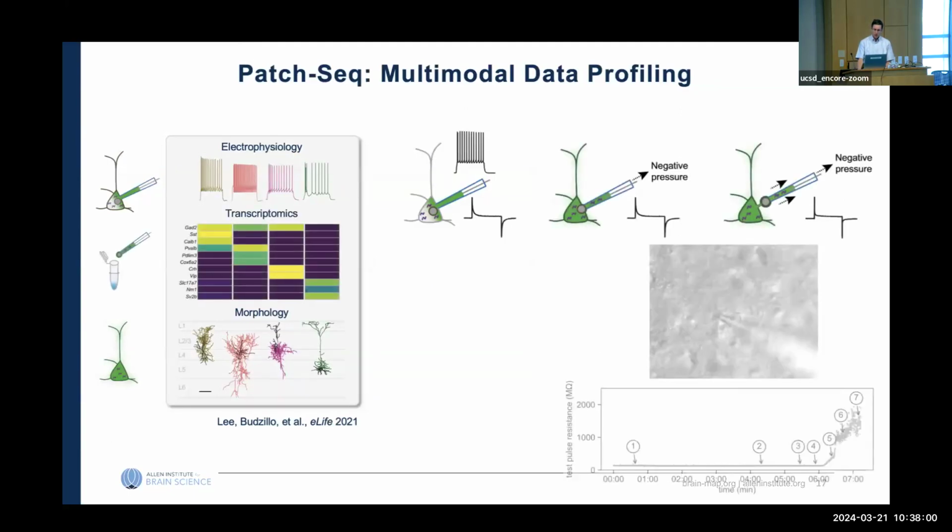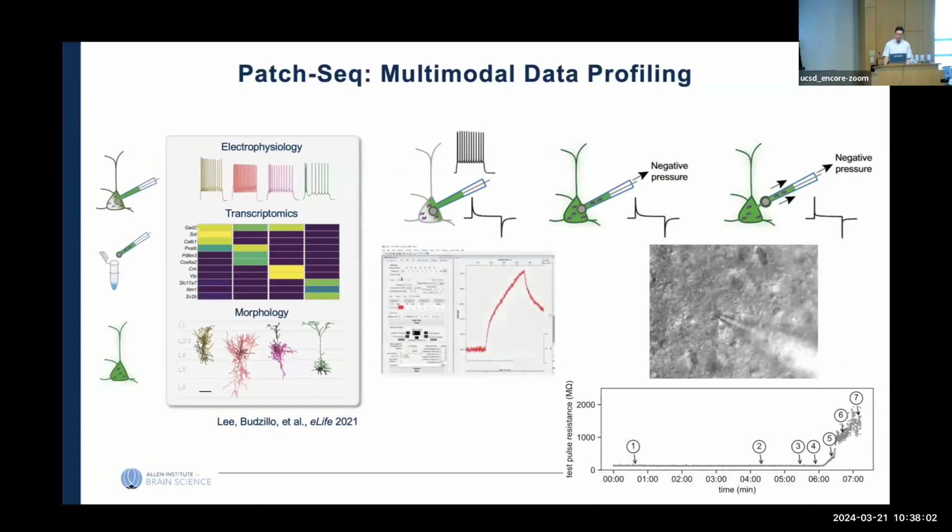Another technique that was used a lot: we talked about connecting these data types, right? If we're going to get the whole picture of a classification, we have to understand how these different types link. One of the major problems was always that we could record from cells. These techniques have been around for a long time. You patch a cell with a small microscopic pipette, you inject a current, you can record from it.